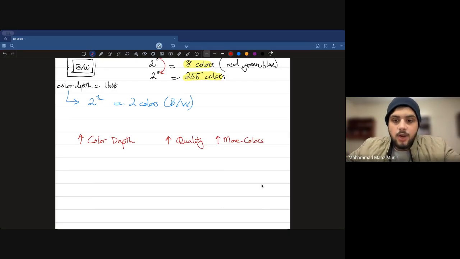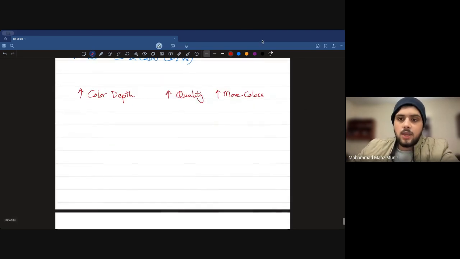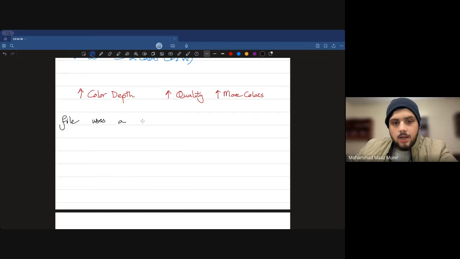Now an important point here: if I tell you that a specific file uses a color depth of 5 bits, how many colors can the file contain?